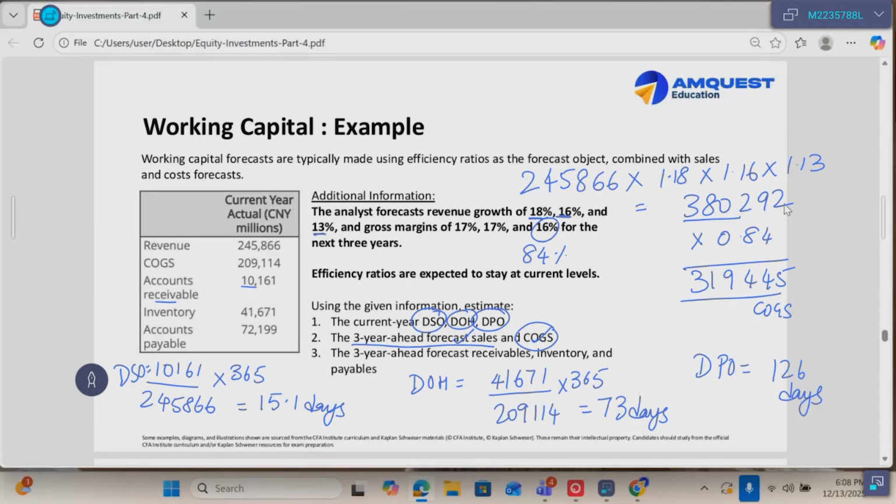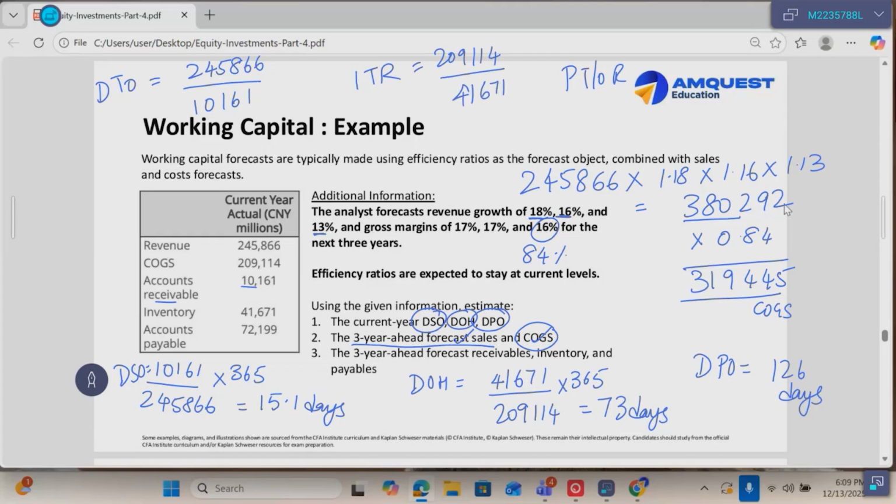We'll also be able to calculate the debtors turnover ratio, inventory turnover ratio, and payables turnover ratio. Debtors turnover ratio is going to be revenue 245,866 divided by receivables 10,161. Inventory turnover ratio is COGS 209,114 divided by inventory 41,671.